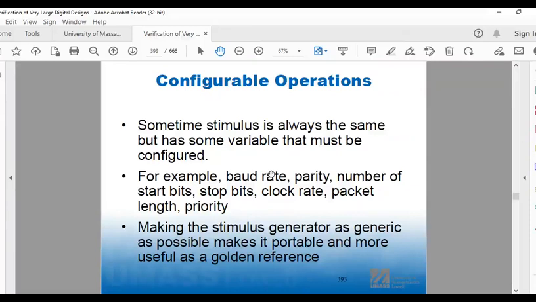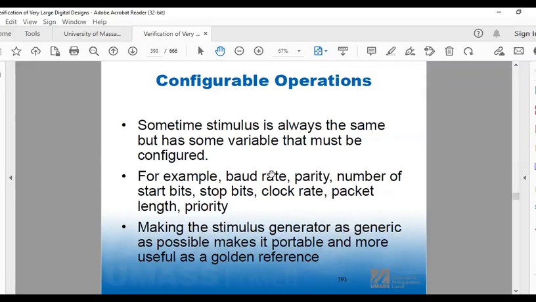Now, I don't know if I like that, but what I could do is, let's say there was version 1 Ethernet and version 2 Ethernet and version 3. So now I could have that Ethernet packet generator, but I could set it for different configurations to support different compatibilities, right? Different specs for the same Ethernet thing.